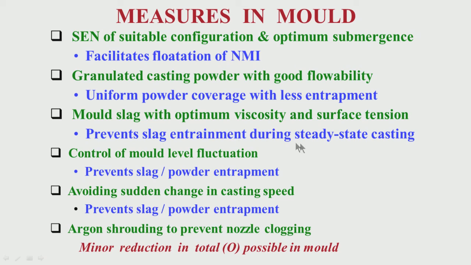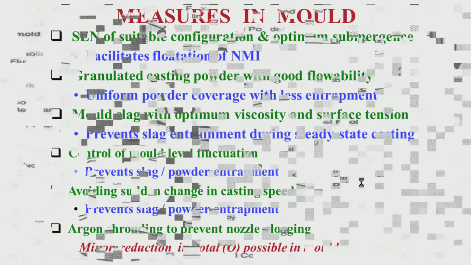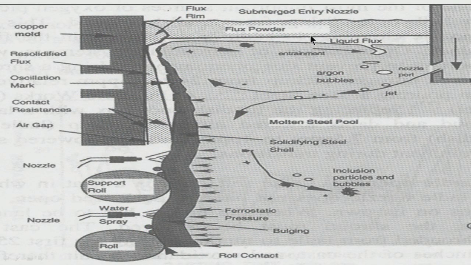Slag entrainment should not be there, and then control of mold level fluctuation, this is very important. As I have told you, because of many factors, because of the turbulence, there is a possibility of level fluctuation. This meniscus level, there is a possibility of fluctuation going up and down.